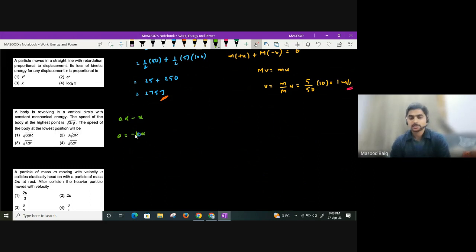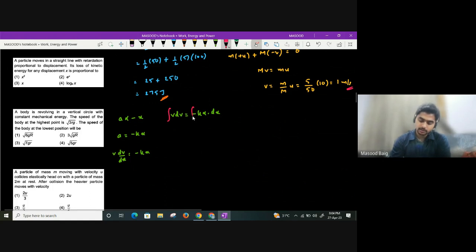Now because acceleration is varying with position, guys, I can write acceleration as v into dv by dx, which will be minus k into x, beta. So what are we going to do here? V into dv can be written as minus k into x into dx. Differentiation is there. In order to remove differentiation, what are we going to apply? We'll apply integration. So what is the integral of v dv?